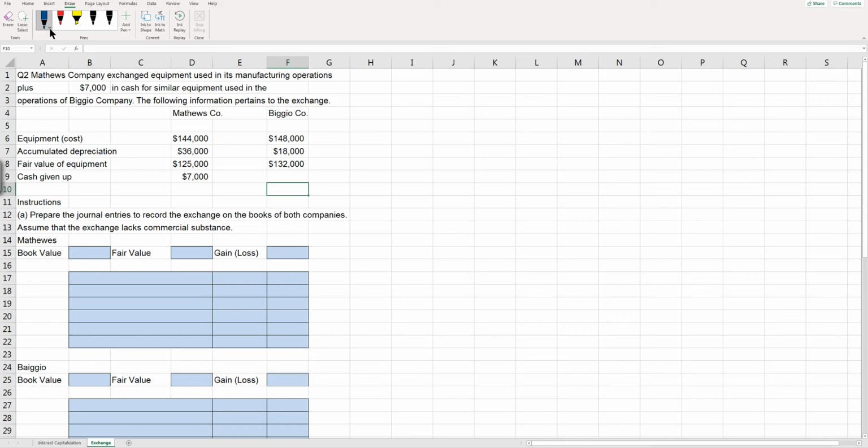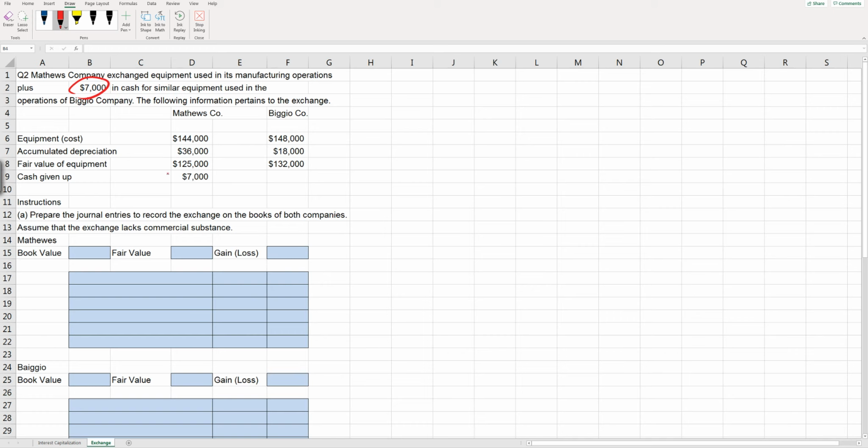So a company exchanged equipment used in manufacturing operations, plus $7,000 in cash. So obviously we paid cash, in exchange for another assets.